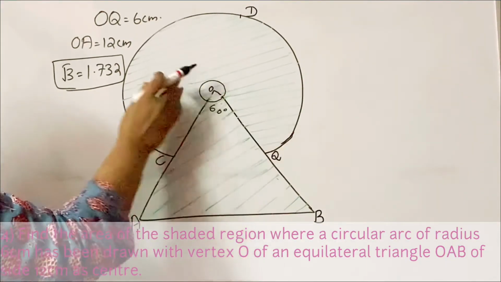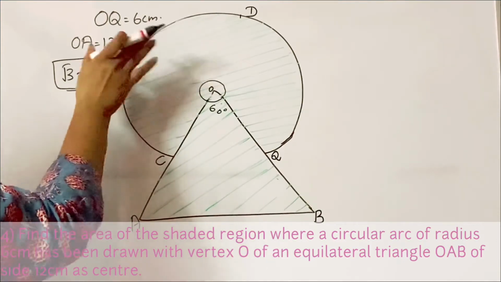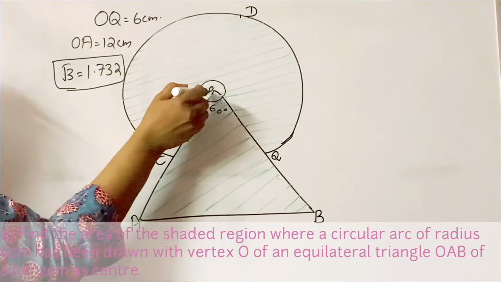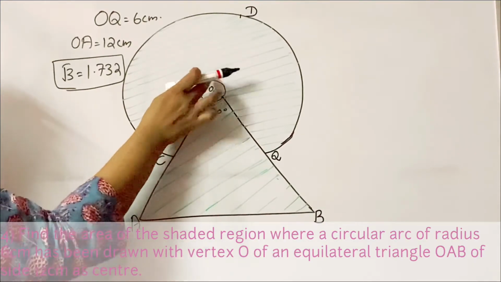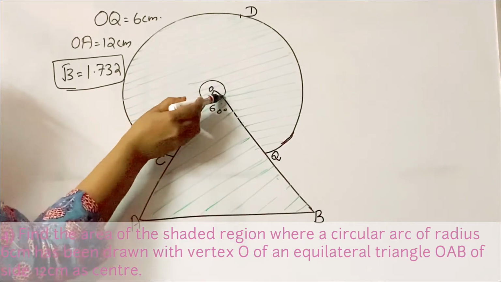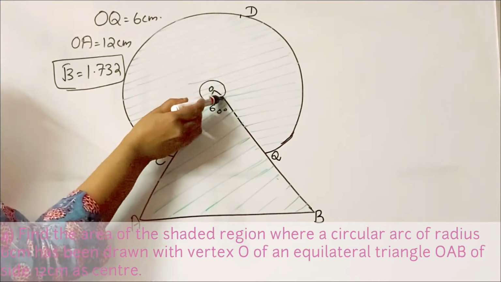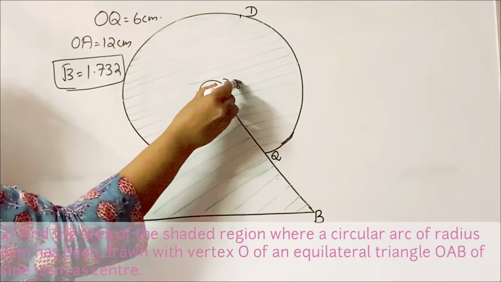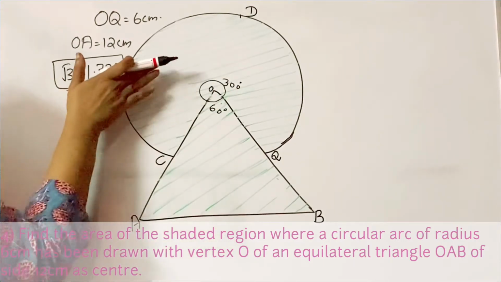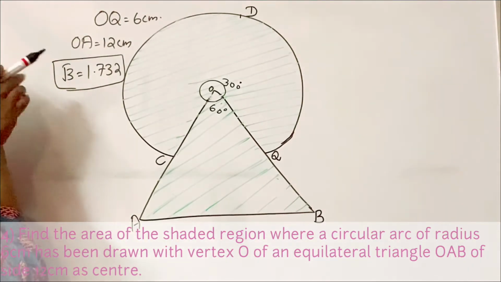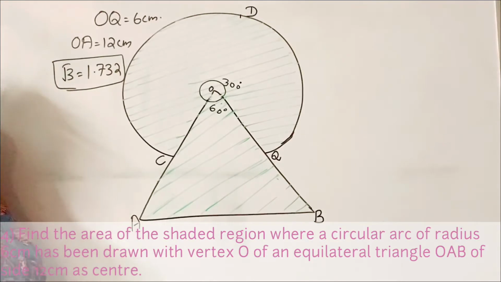That angle is the angle at the center of the sector. Total angle is 360. If this is 60 degrees, this is 360 minus 60, that is 300 degrees. That means this sector has an angle of 300 degrees. So theta here is 300 degrees.